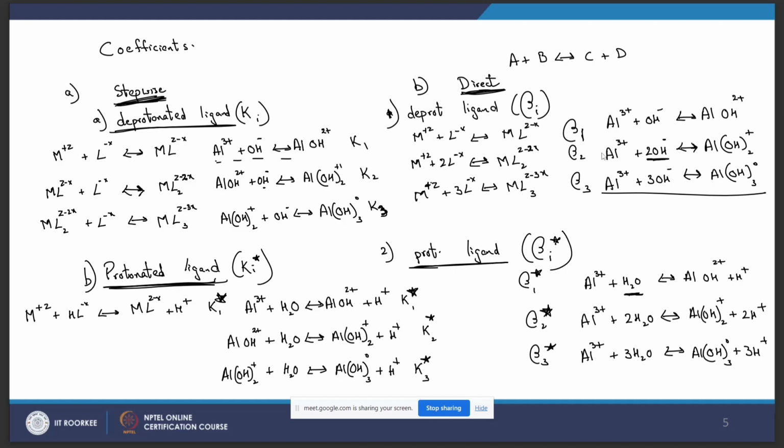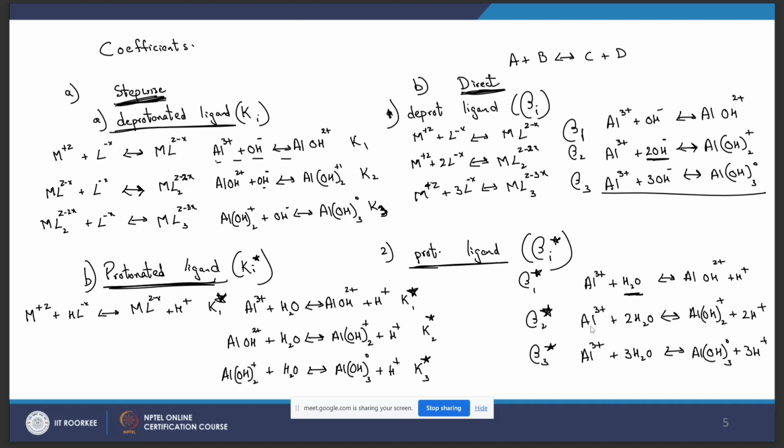So if it is Al3+ plus 2 OH minus, then our equilibrium constant we take from beta I. Next is beta star. It is for writing the reaction from the initial cationic form of the metal, that is Al3+ plus H2O. This will give this, and for the next complex we will write from Al3+ only.